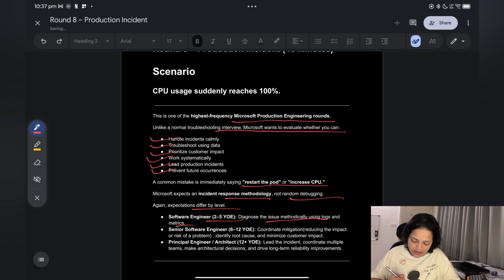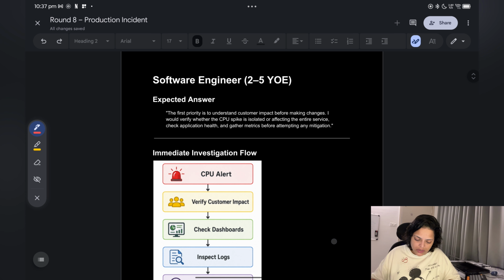A senior software engineer, with 6 to 12 years of experience, will coordinate mitigation, which means reducing the impact or risk of a problem, identify the root cause and minimize customer impact. A principal engineer, the architect, with 12 years of experience, will lead the incident, coordinate multiple teams, make architectural decisions, and drive long-term reliability improvements.